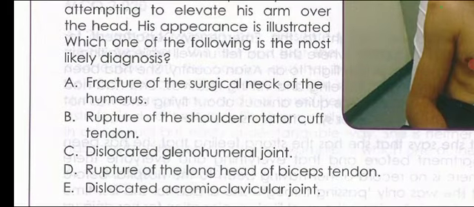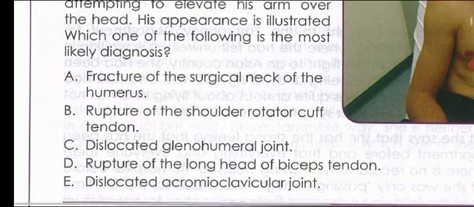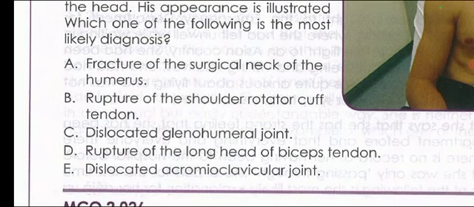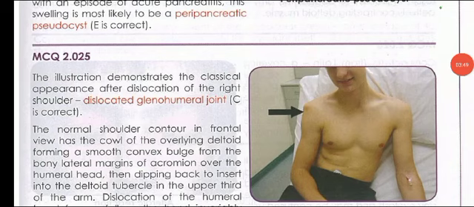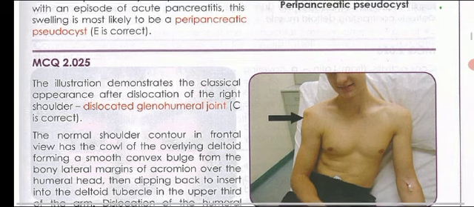Fracture of the surgical neck of the humerus, rupture of the shoulder rotator cuff tendon, dislocated glenohumeral joint, rupture of the long head of the biceps tendon, dislocated acromioclavicular joint. So the correct answer is the dislocated glenohumeral joint.